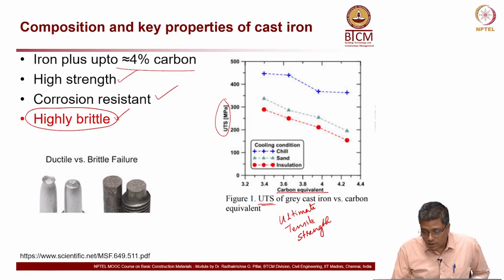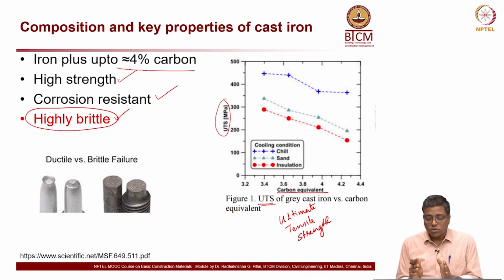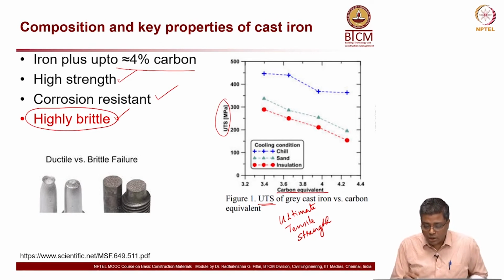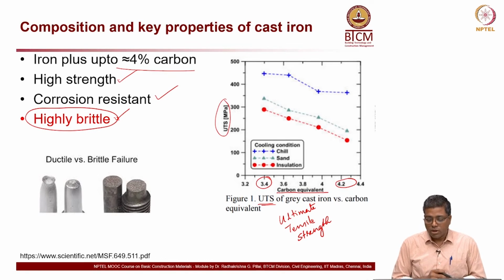What you see here is, and you should also think about that we are talking about only this range in this graph, that is about 3.4 to 4.3 or so percent of carbon. It is not like from 0 to 4.2. Okay.